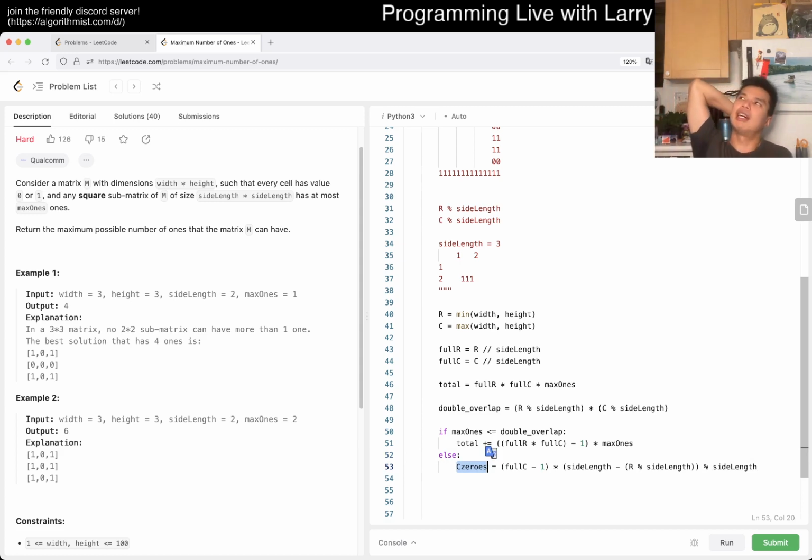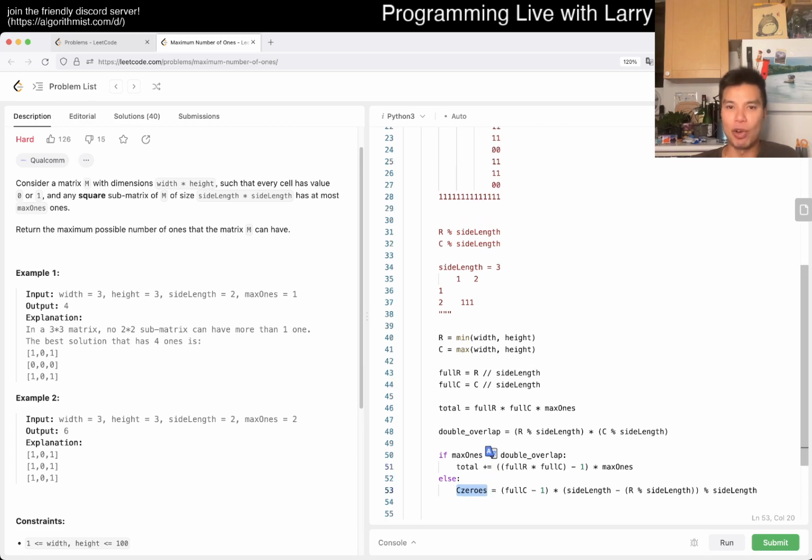I mean, that's fine, but I'm trying to think. It is greedy, for sure. But I'm trying to quantify the exact choice that we're trying to make here, which is that, let's say we want to convert one of the zeros on the longer side, or one of the zeros on the height, right?